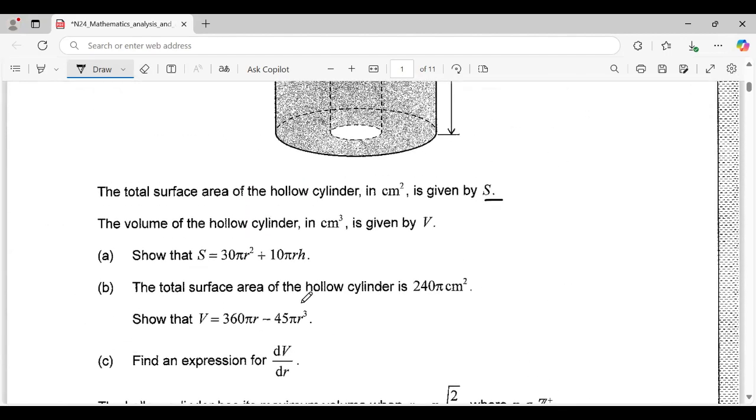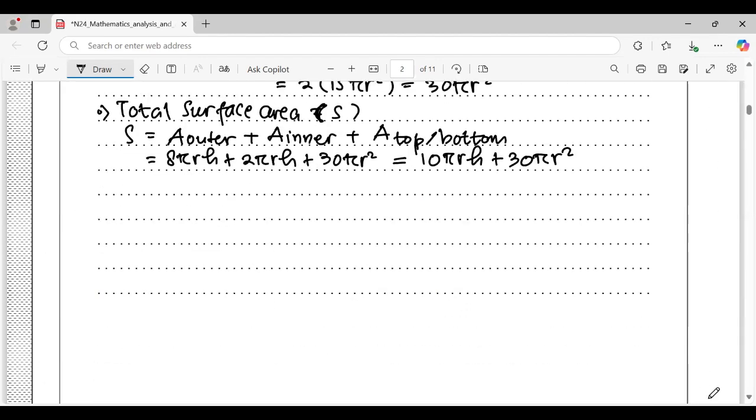The total surface area of the hollow cylinder is 240 pi centimeter squared. Show that volume equal 360 pi r minus 45 pi r cubed. Part B. If total surface area is 240 pi centimeter squared, it means this is equal to 240.